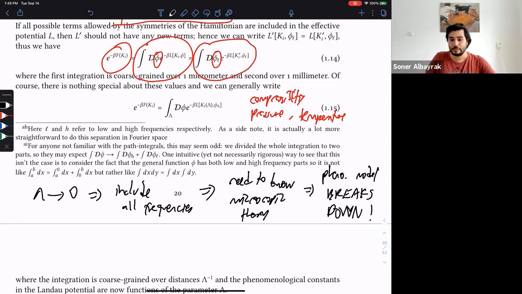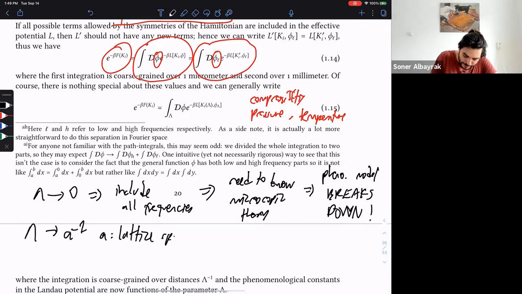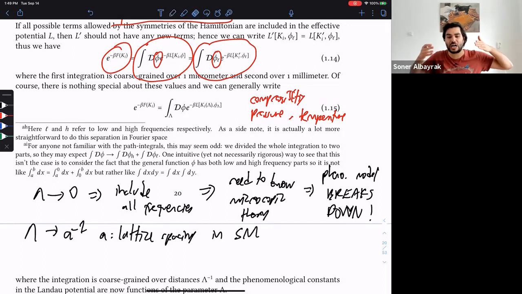In statistical mechanics, you cannot take it. Usually, the minimum of lambda is like a inverse, where a is the lattice spacing. So in statistical mechanics, you cannot consider higher and higher frequencies because there's a limit to detail, and it's usually the lattice spacing.